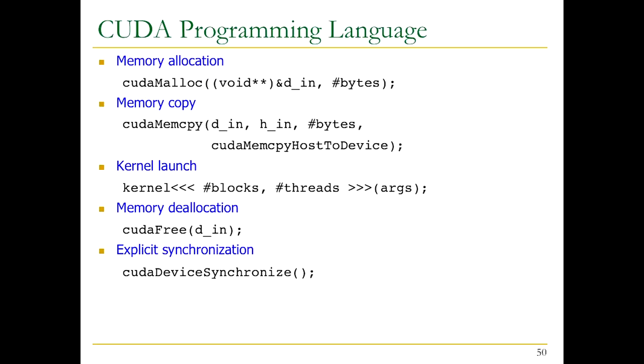And this is good because the CPU thread can launch the kernel and start doing different things. It's good that the CPU can do different things while the kernel is running on the GPU. But at some point, the CPU might need to use some results that the GPU has produced. And if we want to make sure that the GPU terminated the kernel, then we need to use cudaDeviceSynchronize.